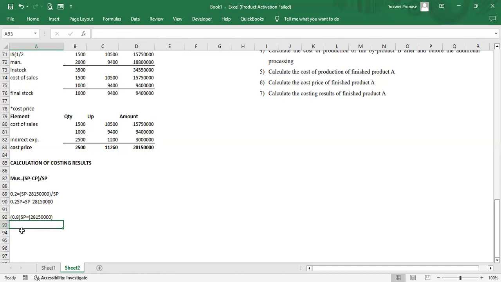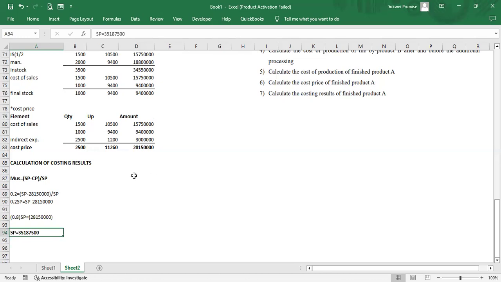From here now, the selling price will be equal to that divided by that, meaning SP is equal to 35,187,500. This is the answer for the selling price.